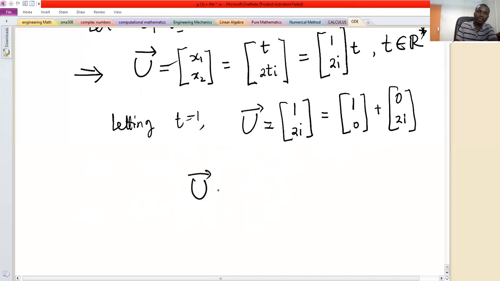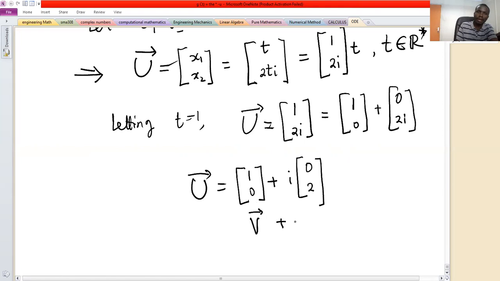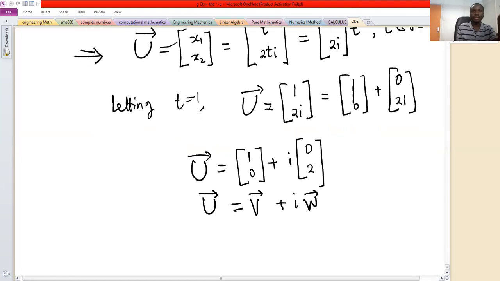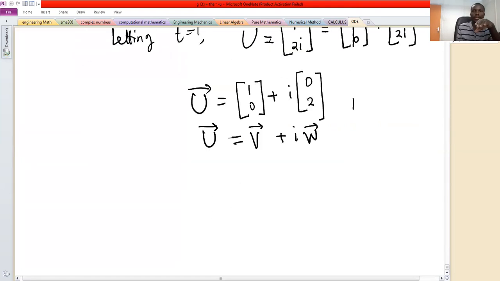So u will be 1, 0, plus i times 0, 2. And so we call this real part V vector, and we call this other part W vector. So you see one eigenvalue, 2i, has helped us to get two values of the eigenvector, V and W. So that's why it's very easy to deal with the case of complex eigenvalues for 2 by 2 matrices.